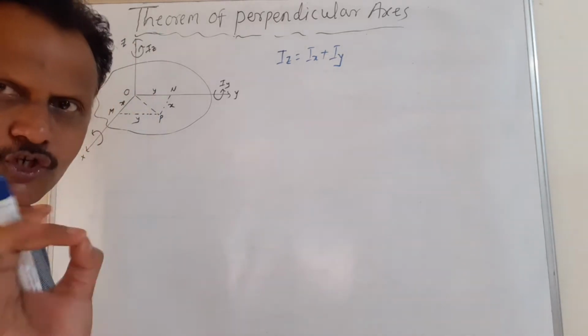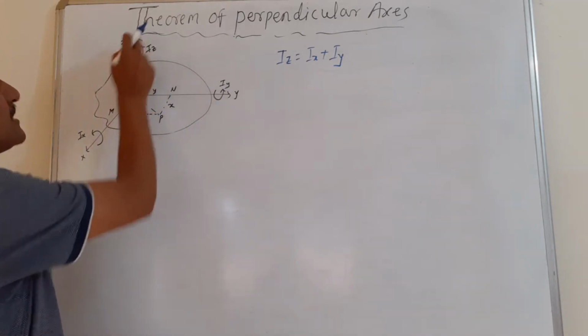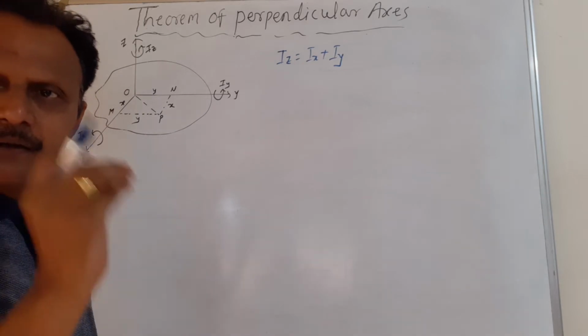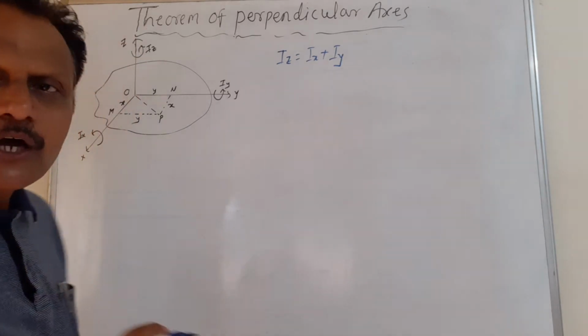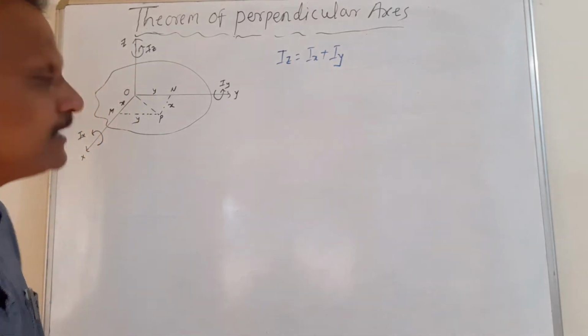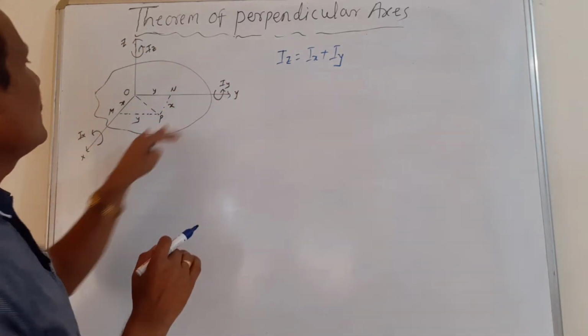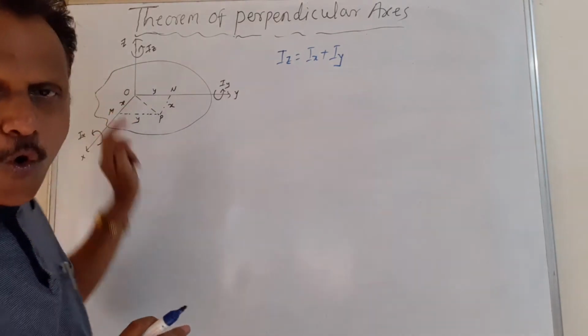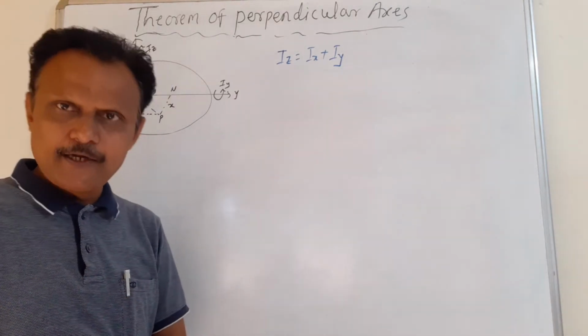That means, in short, these three axes intersecting at point O and they are mutually perpendicular to each other. That means these three axes intersect this lamina at point O and they are perpendicular.